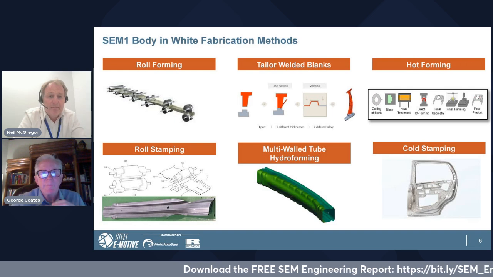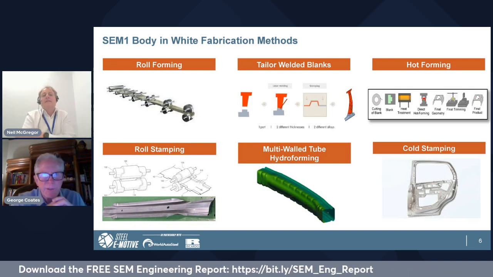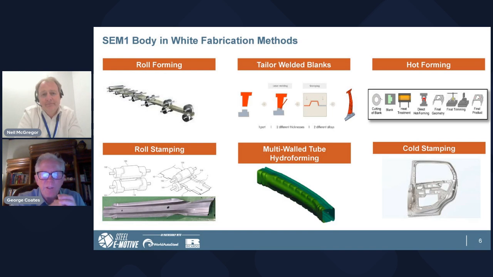How about all the different fabrication methods that were available to us? This certainly is a body structure that's not just cold stamped. Yeah, another dimension. As well as the grades and gauge thicknesses for those 204 parts, there are these different ways of manufacturing or fabricating those parts.